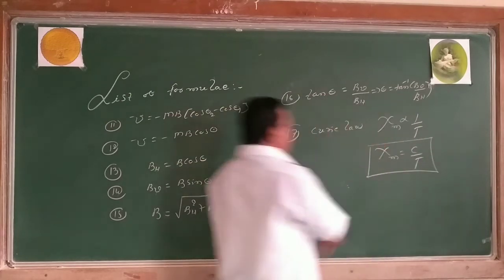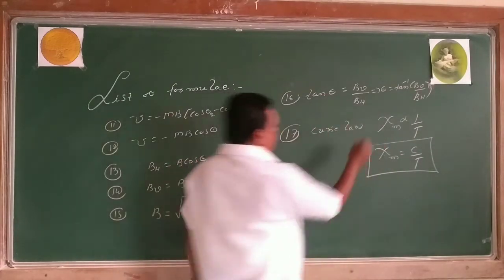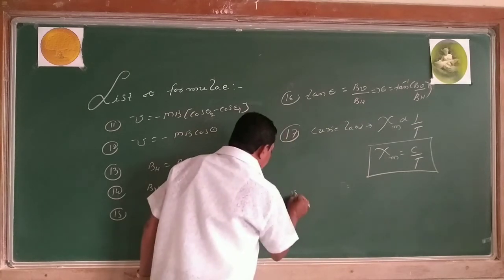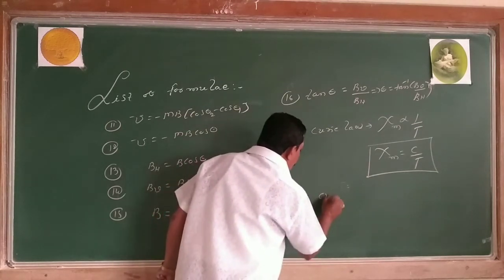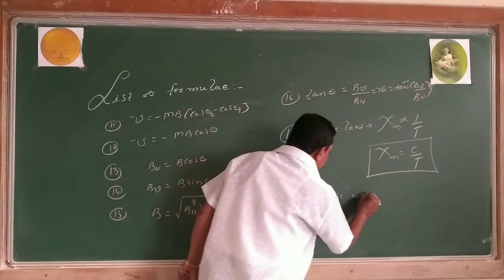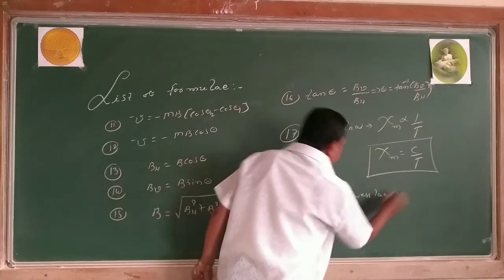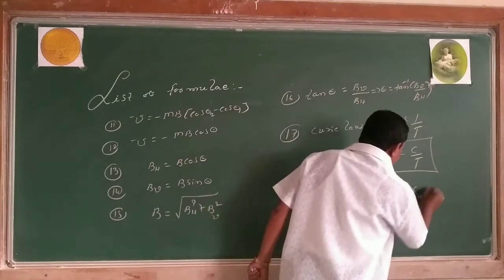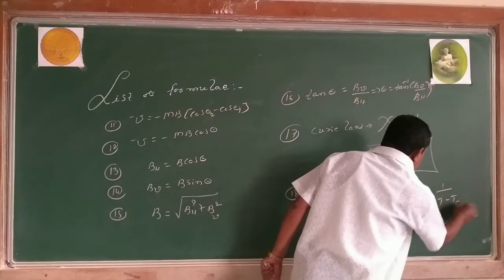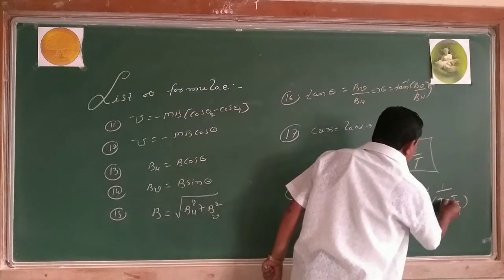For ferromagnetic substance, Curie-Weiss law: the magnetic susceptibility is inversely proportional to the excess temperature T minus Tc, where Tc is the critical temperature.